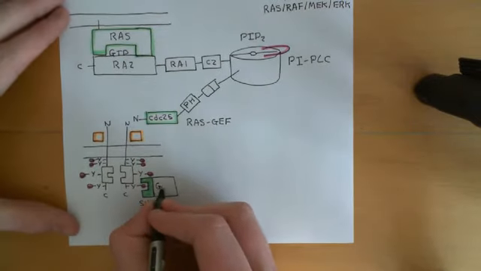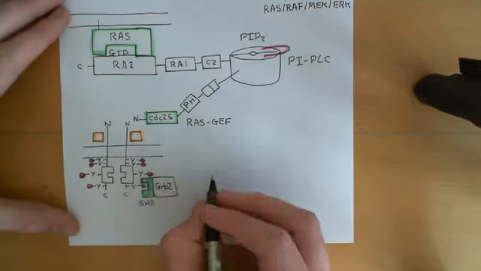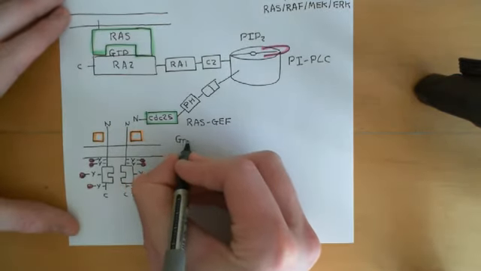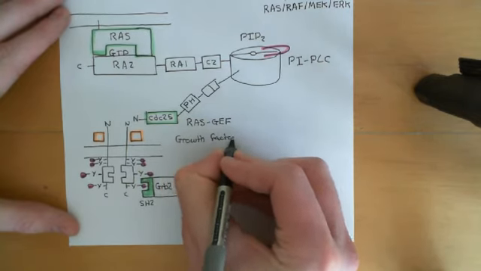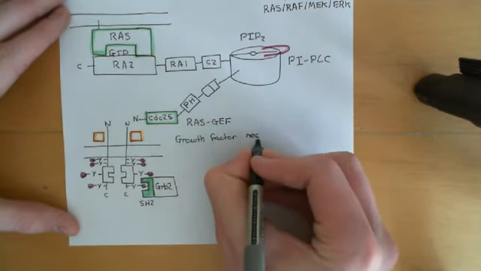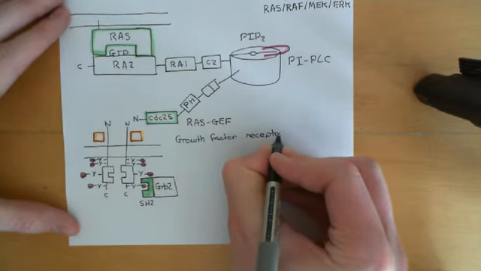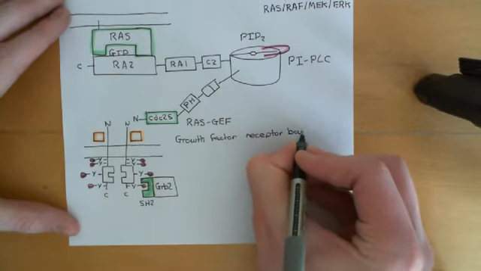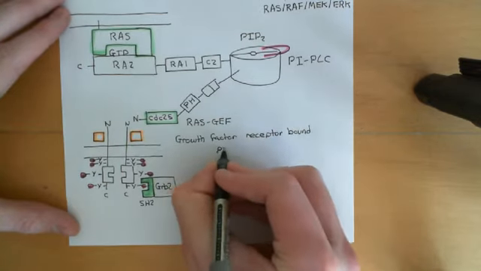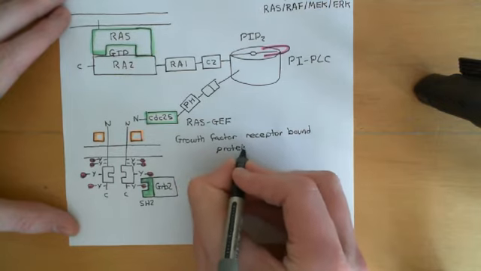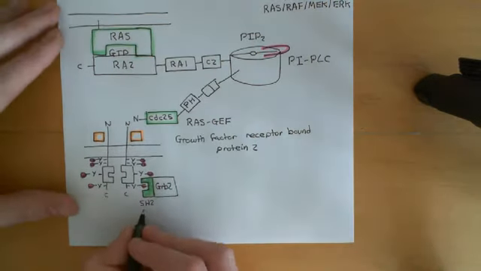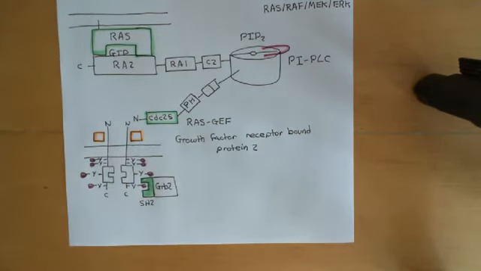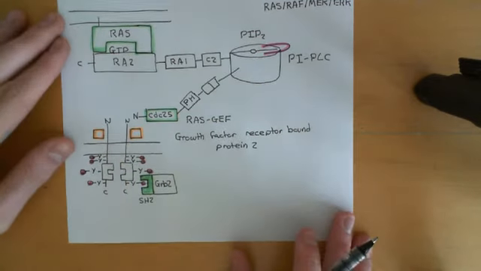GRB2 stands for growth factor receptor bound protein 2. Growth factor is the G, and receptor bound is the RB, so it's growth factor receptor bound protein 2, or just GRB2 for short. That is supposed to represent the Src homology 2 domain of growth factor receptor bound protein 2.